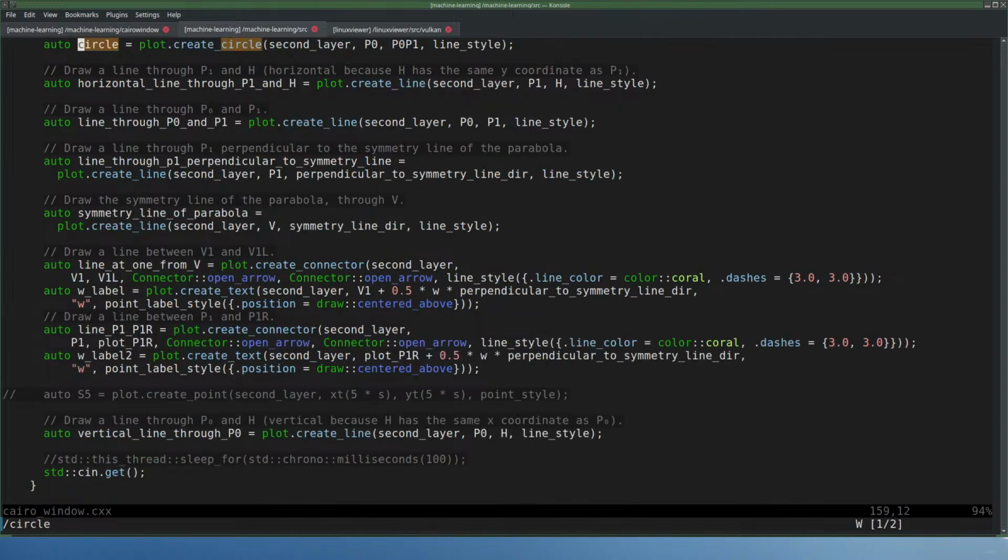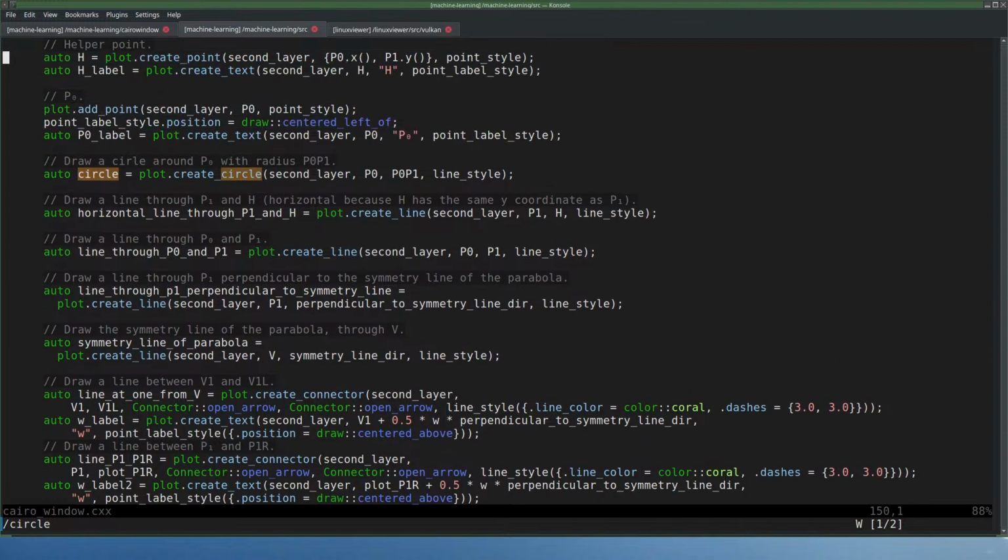Circle. Let's not do this circle. Draw a circle around the midpoint of P0, P1, with radius the length of P0, P1 divided by 2.